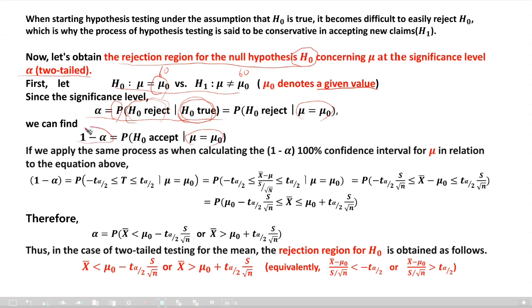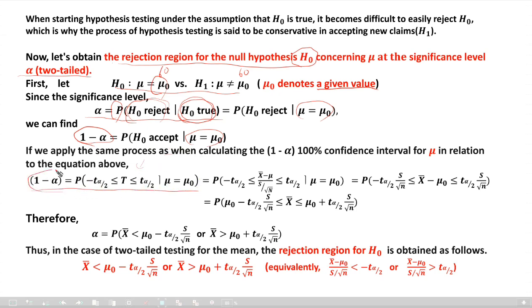And what is 1 minus alpha in the confidence interval? We had some steps for that, like this. If we apply the same process as when calculating the 1 minus alpha 100% confidence interval for mu, related to the equation above, 1 minus alpha is the probability of T between minus t alpha over 2 and plus t alpha over 2, given mu equal to mu 0, right?